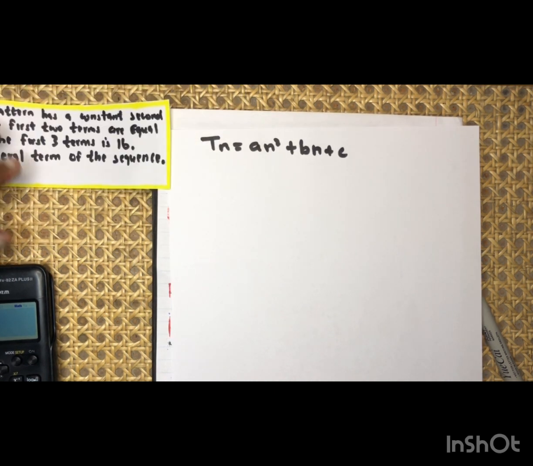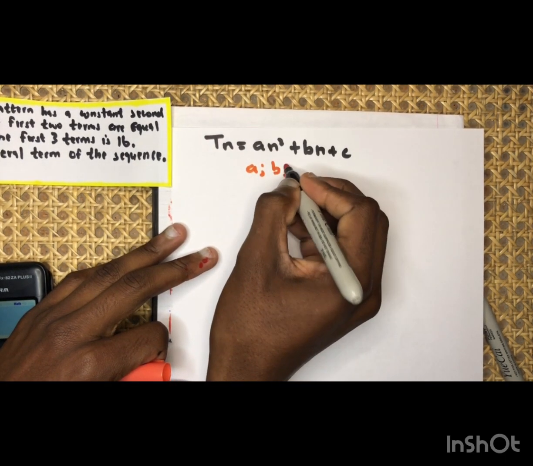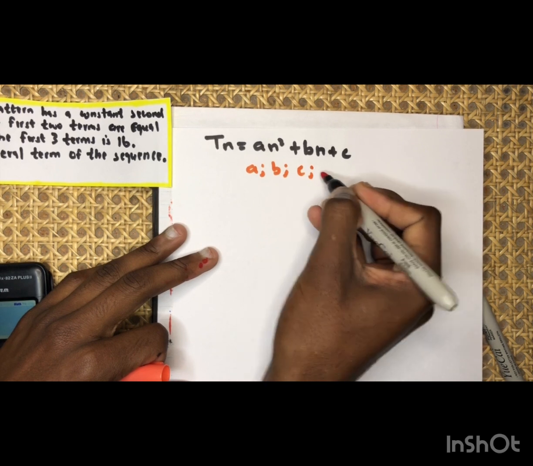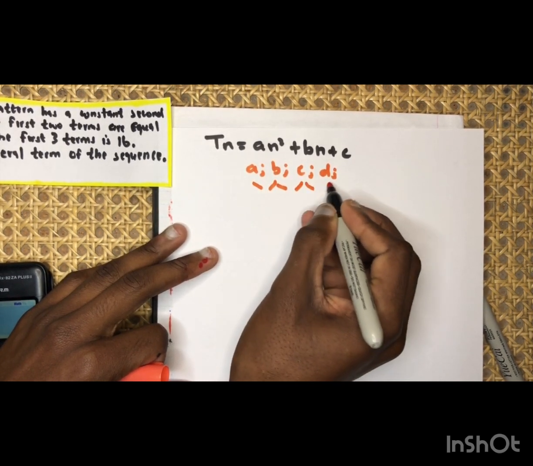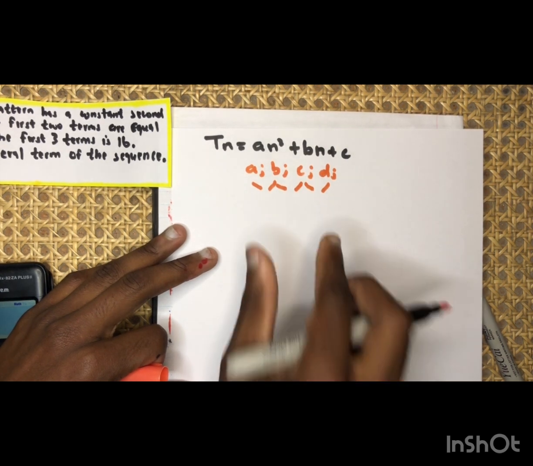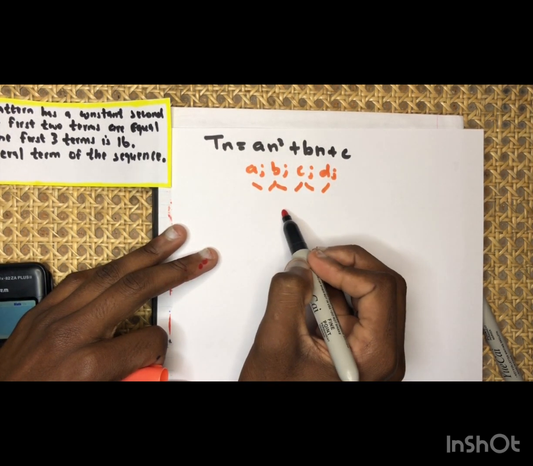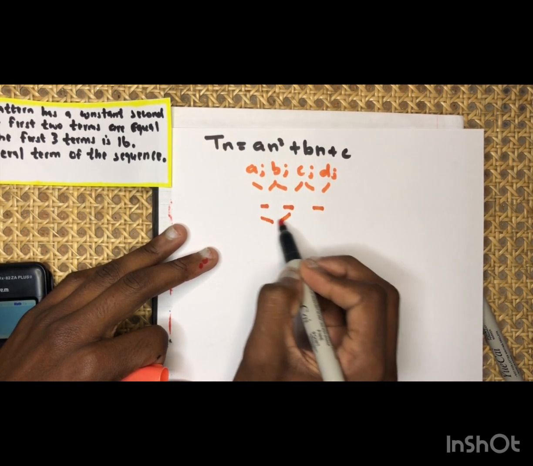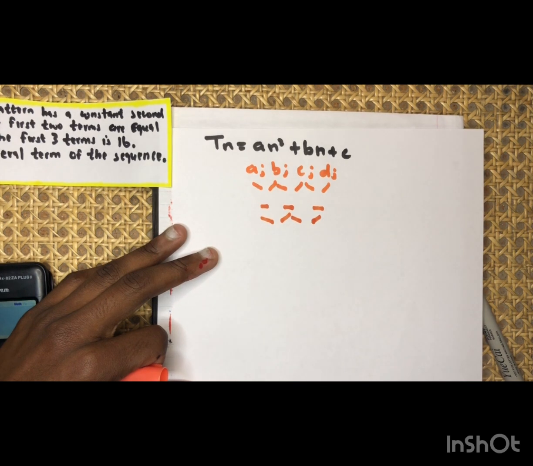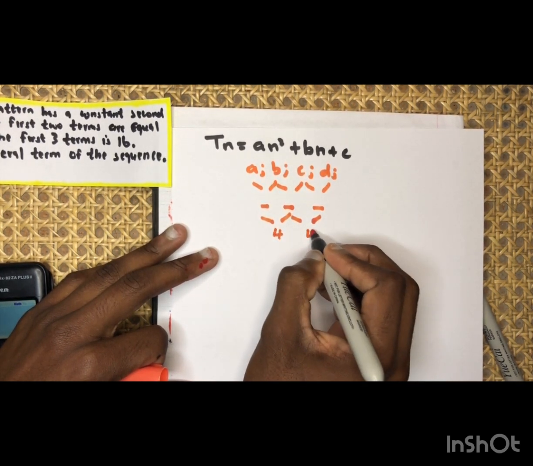We don't know the first term, the second term, the third term, the fourth term. We don't even know the first difference between these terms. But we know the second difference is 4.